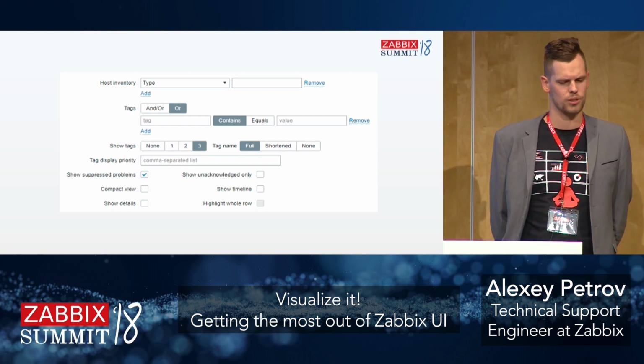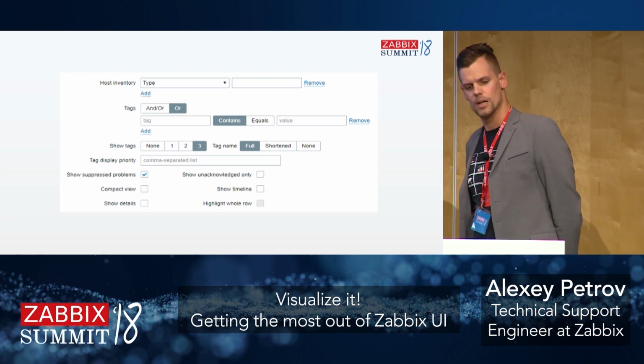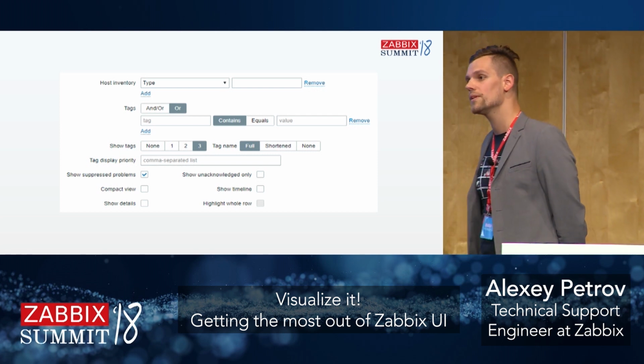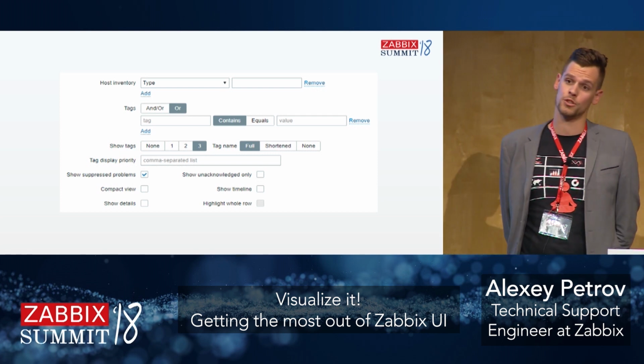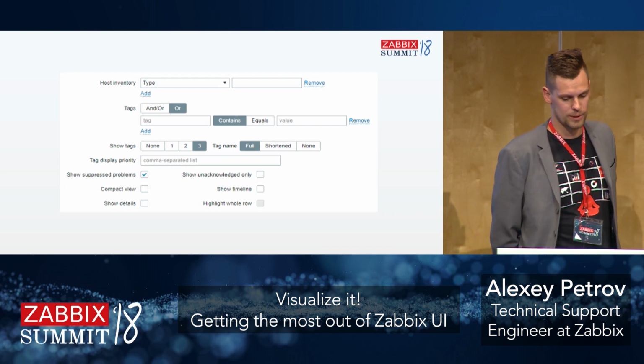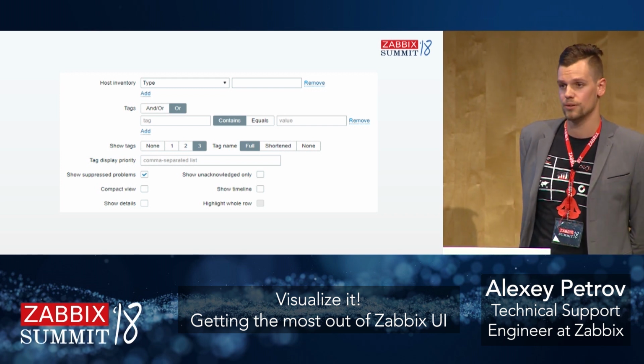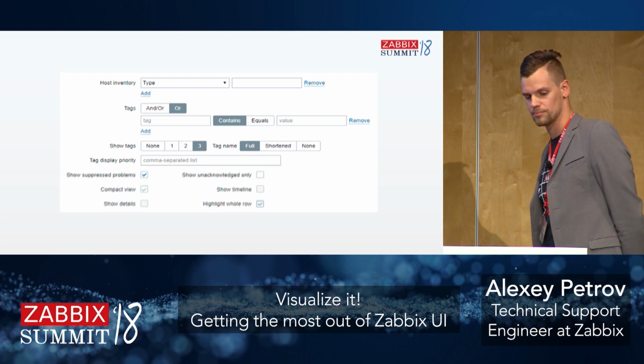If you do some sort of great tag filtering, at some point you would like some of the tags to be shown in the first place and then the others. So with the tag display priority, you can configure that.